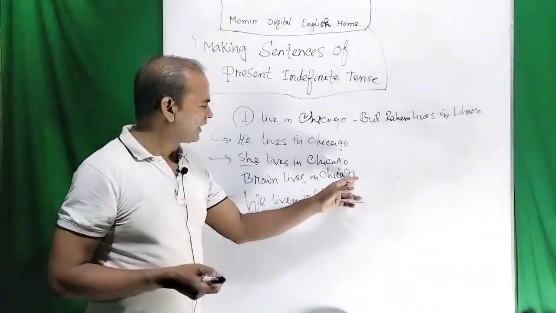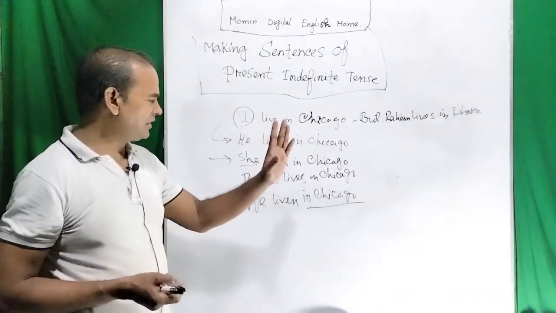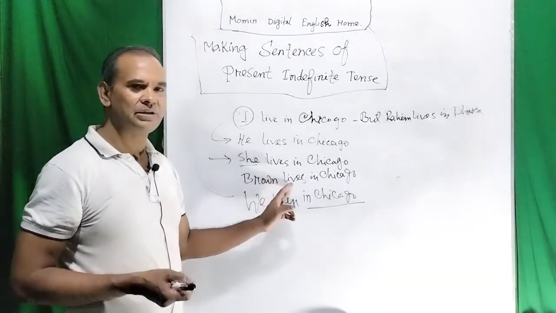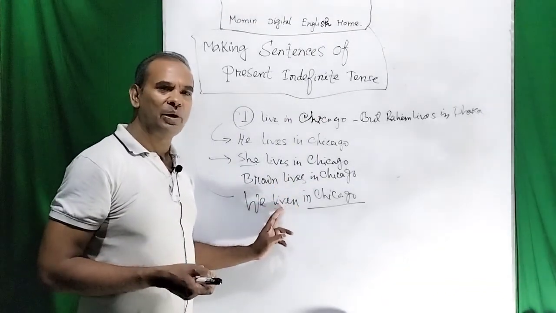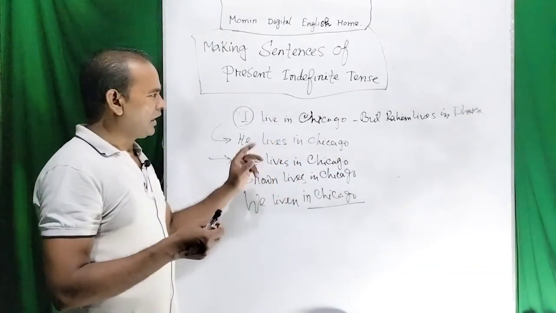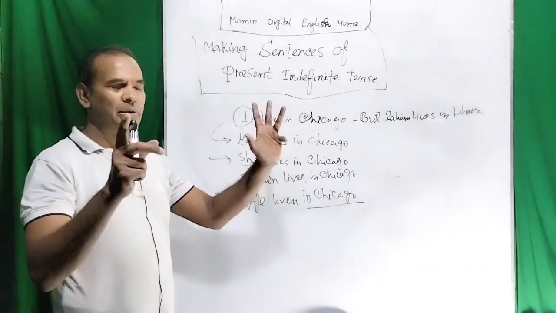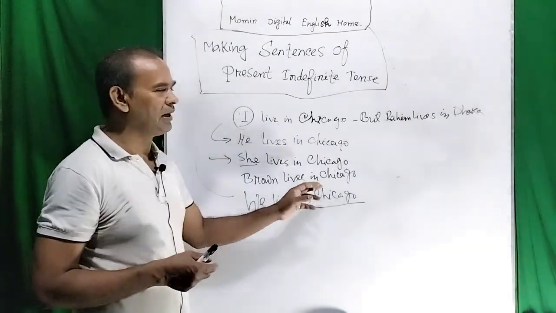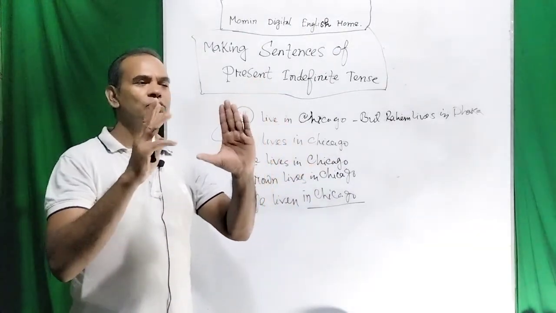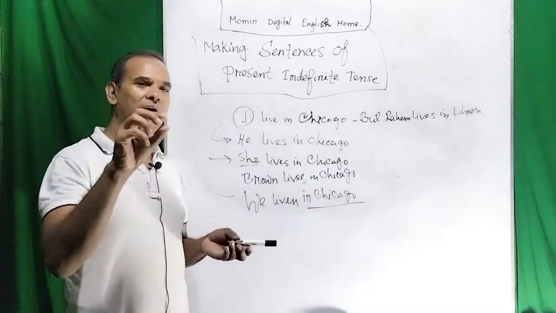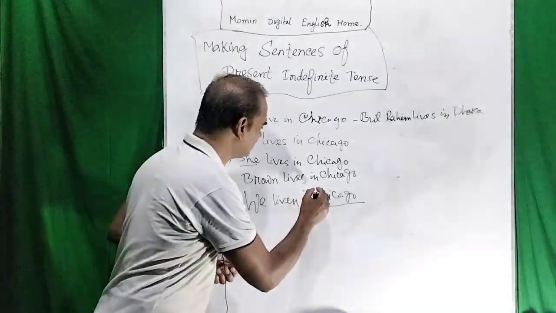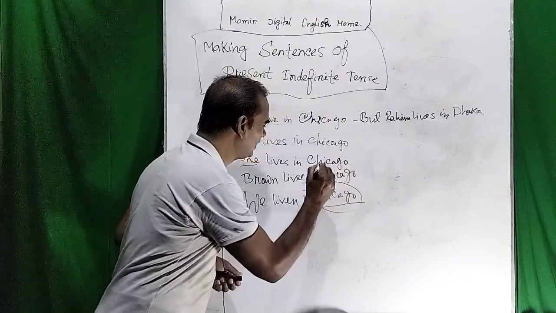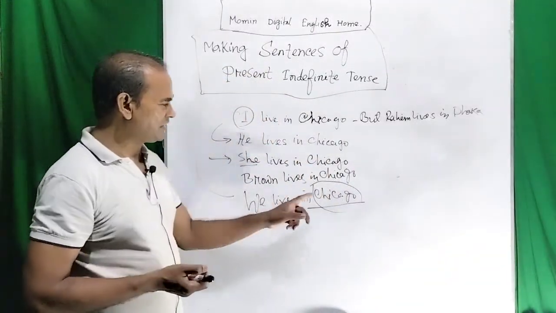So, while we are making any sentence in the present indefinite tense, we have to use the subject first, then we have to use the present form of the action verb. I am discussing the action verb today, and after that, you have to use some words. If the main word is a noun, it is the head word.